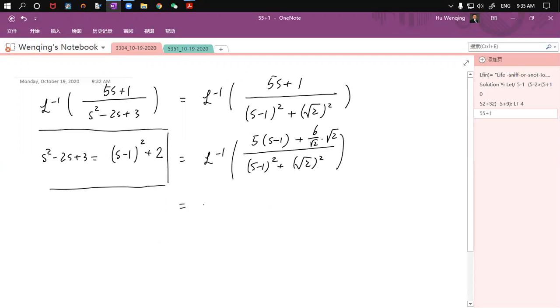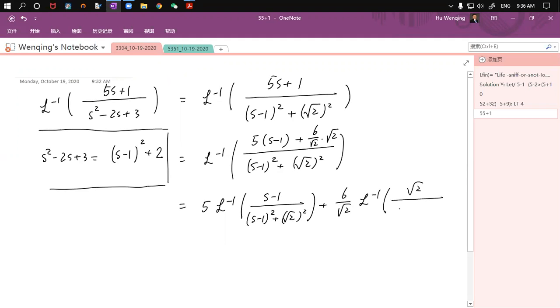And because of linearity, this can be written as the inverse Laplace transform of s minus 1 over s minus 1 squared plus the square root of 2 squared, plus 6 over the square root of 2 times the inverse Laplace transform of the square root of 2 over s minus 1 squared plus the square root of 2 squared.